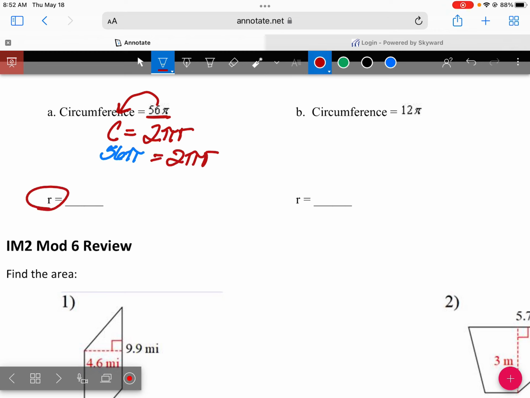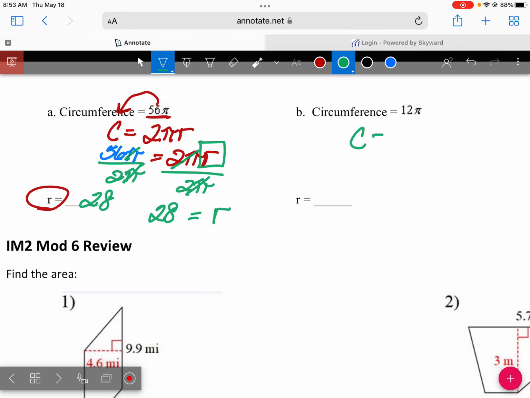We want to find the radius. Right now, they're all being multiplied, so I'm going to divide and divide here. Those cancel out. r is equal to 56 pi divided by 2 pi. The pi simplifies out. 56 divided by 2 is 28. So radius is 28. Similar over here, 2 pi r, 12 pi is equal to 2 pi r.